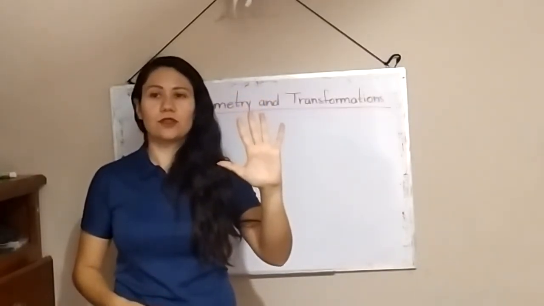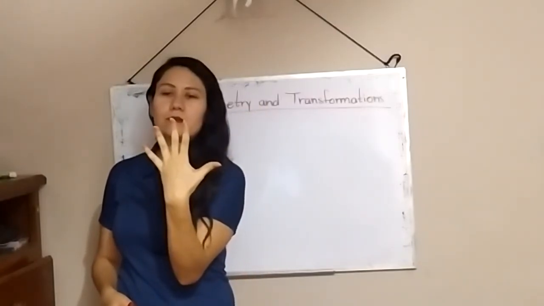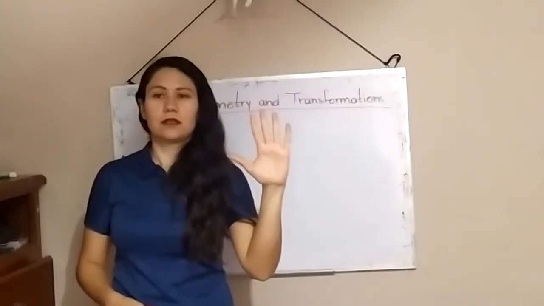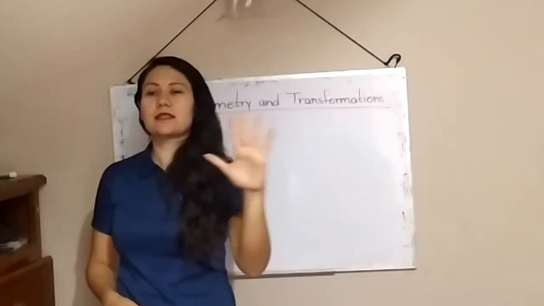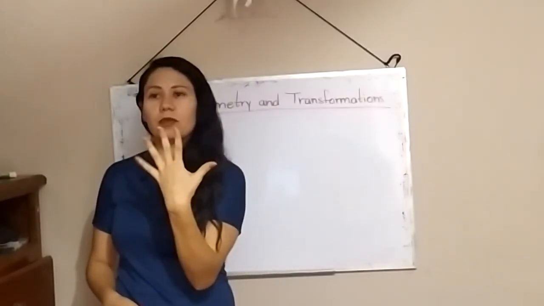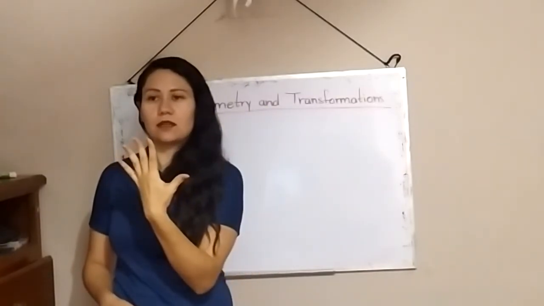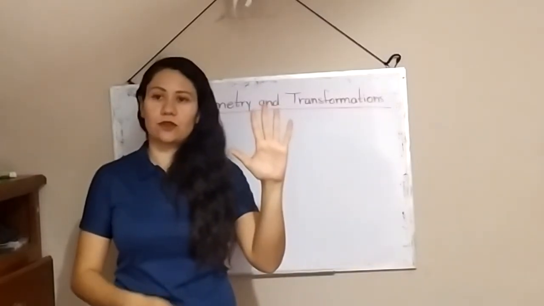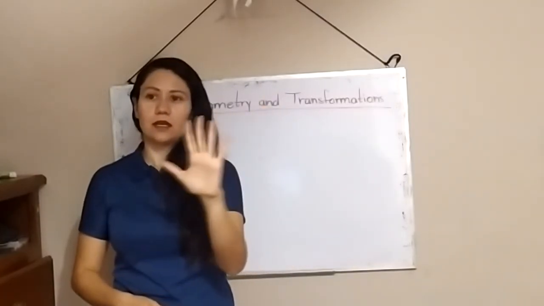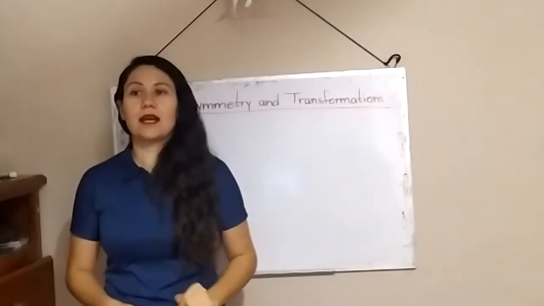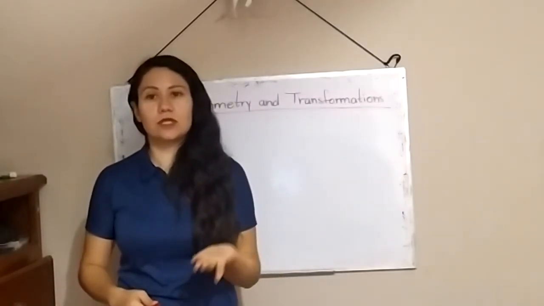A reflection, we turn it around. It has the exact same measures, but it's the other side. In a translation, all we are going to do is move it. And how do we accomplish that using symmetry?